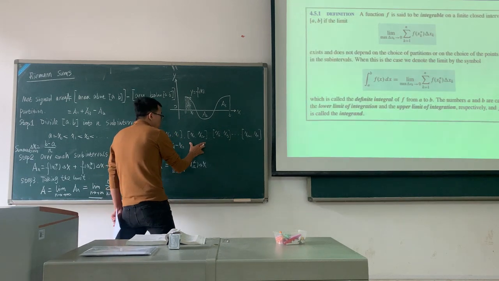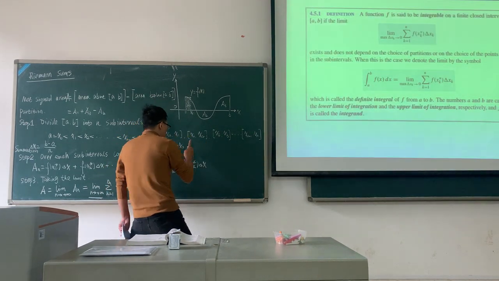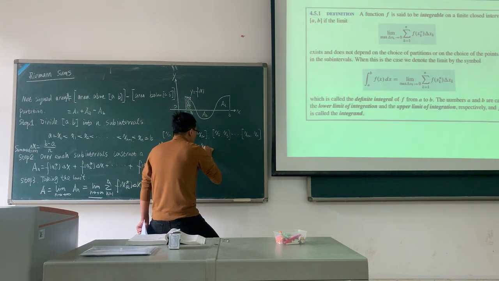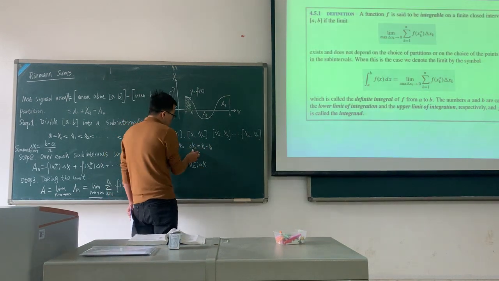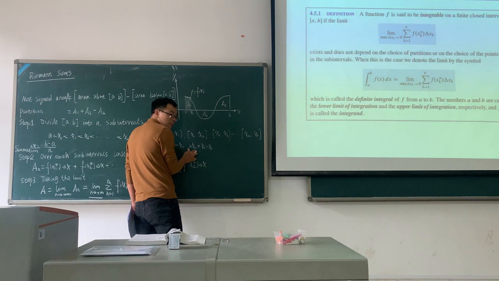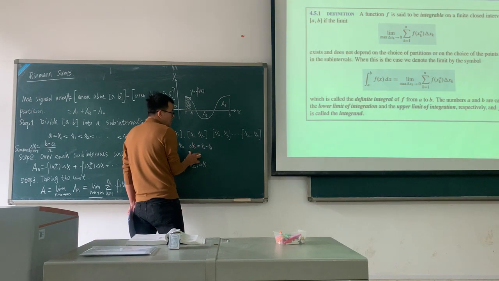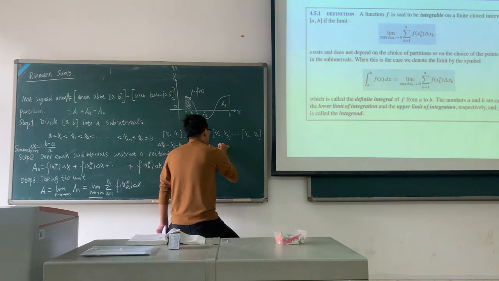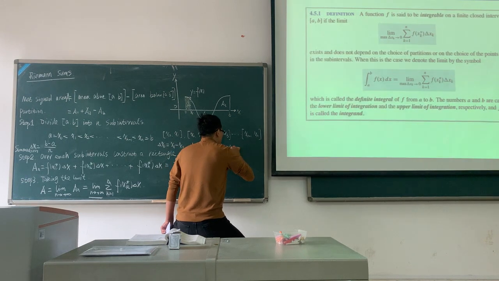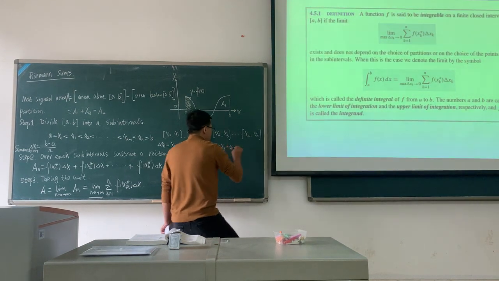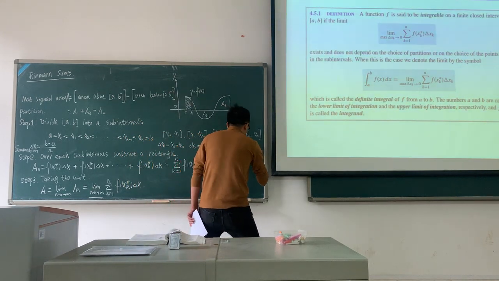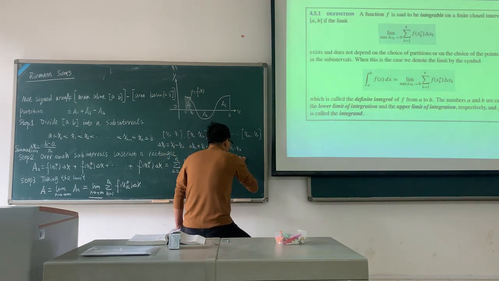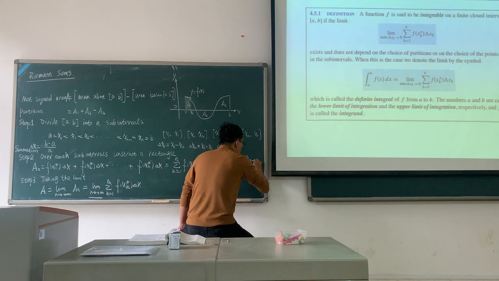And the width of the second subinterval is delta x2, which equals x2 minus x1. This is the base of the second subinterval. For the third subinterval, the width is delta x3 equal to x3 minus x2. Go on. The last one, delta x_n, equals x_n minus x_{n-1}.